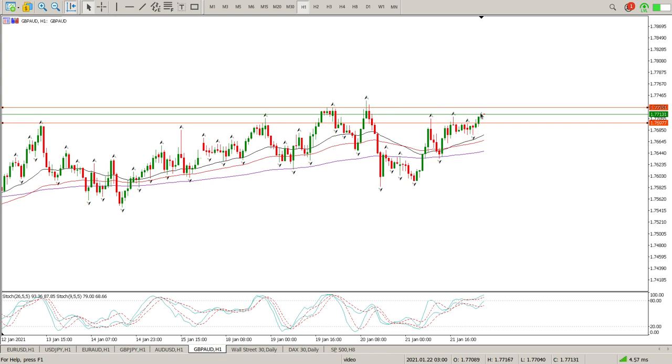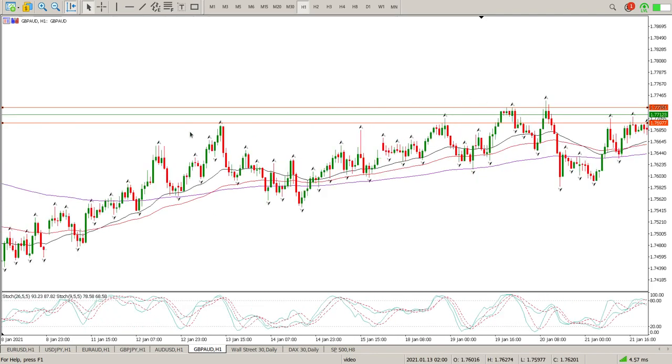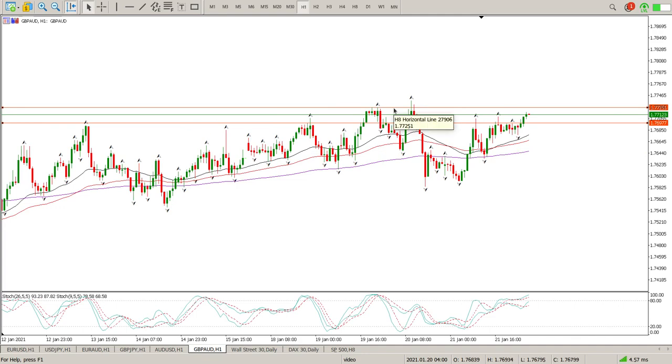So that's the structure I see at the moment. If we do break up and form another new low and then start going up, then the stop area will be below that low. But personally, I'll just wait and see what transpires here.